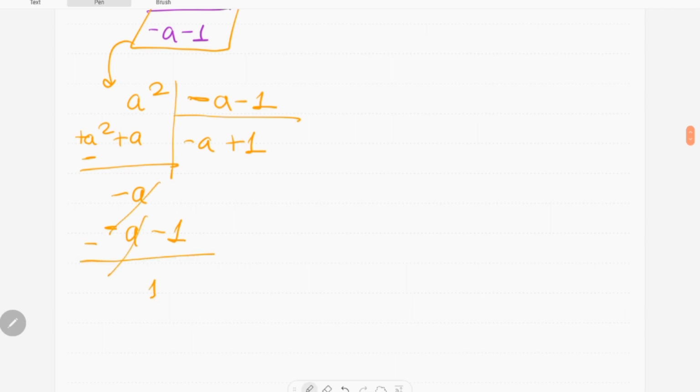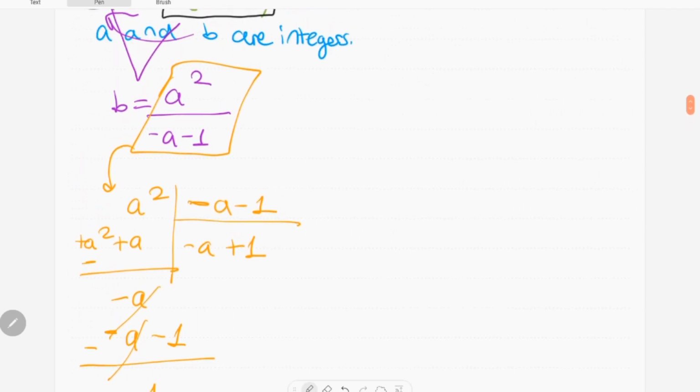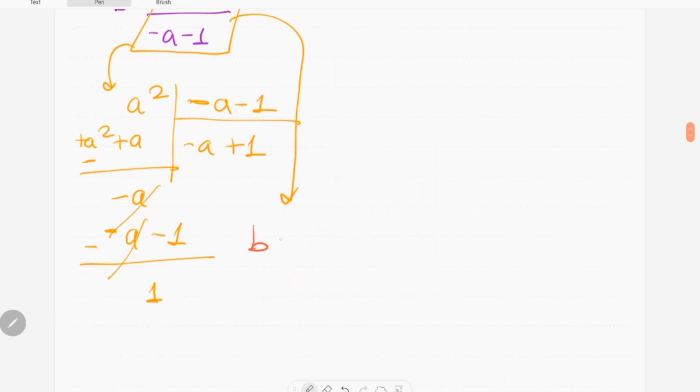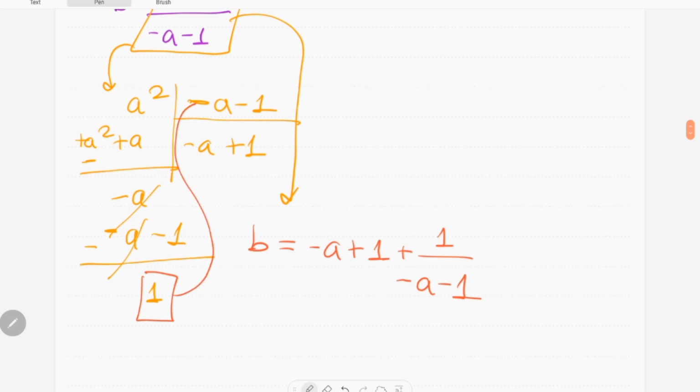I have 1 as remaining. So I can write this as b equals minus a plus 1 plus 1 divided by minus a minus 1, because I had 1 as remaining, as I said.